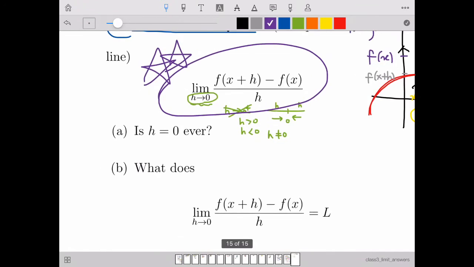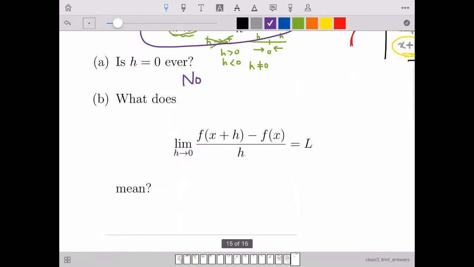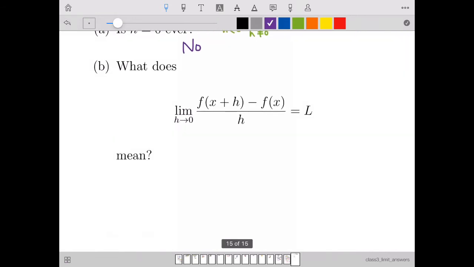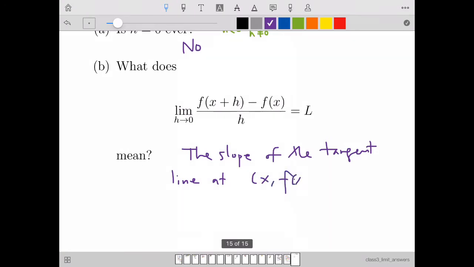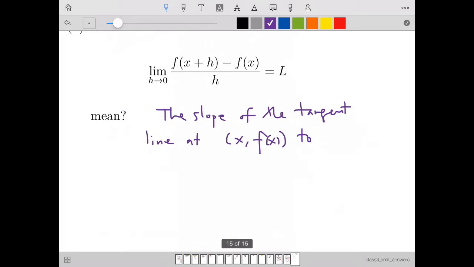Is h equal to 0 ever? No. What does this mean? It means the slope of the tangent line at the point x comma f of x to the curve is L.